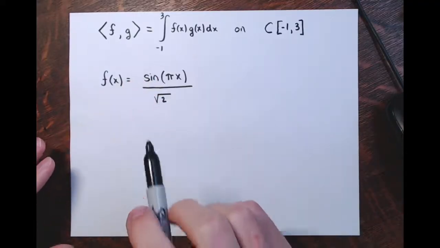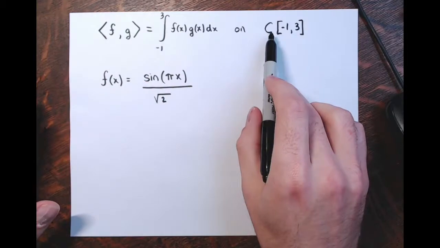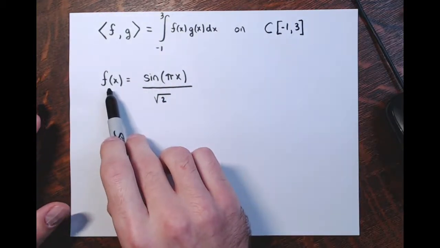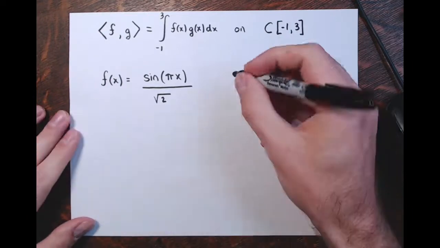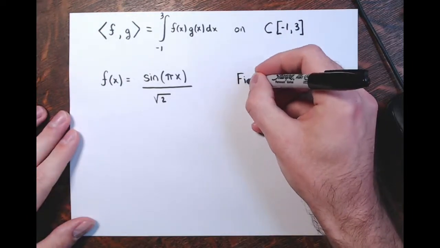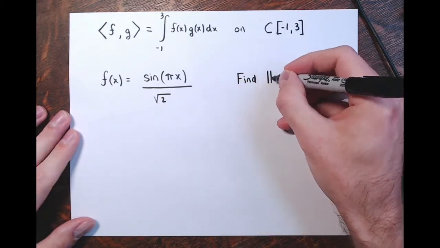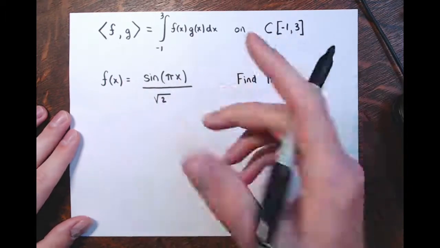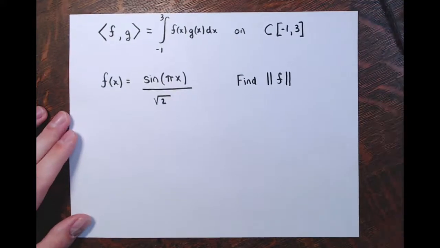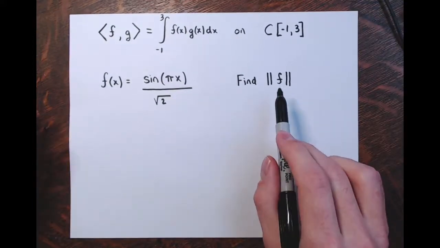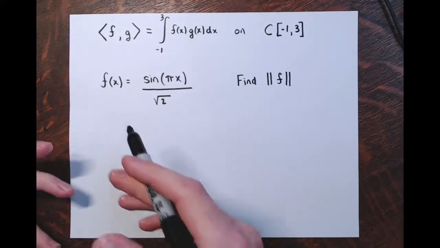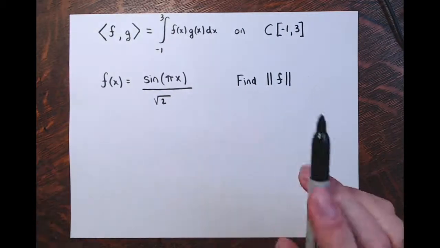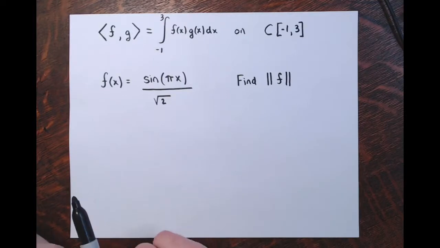Okay, so here's where we're given the inner product on this vector space, and given a function, and we're asked to find the norm of this function. This function is a vector here, right? So I mean, it doesn't really make a lot of sense to say what's the length of a function, so we'll call it norm, or magnitude if you want to.